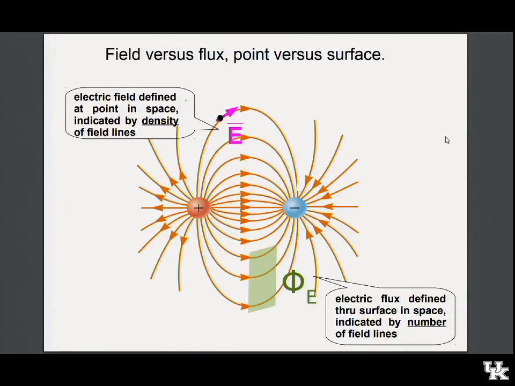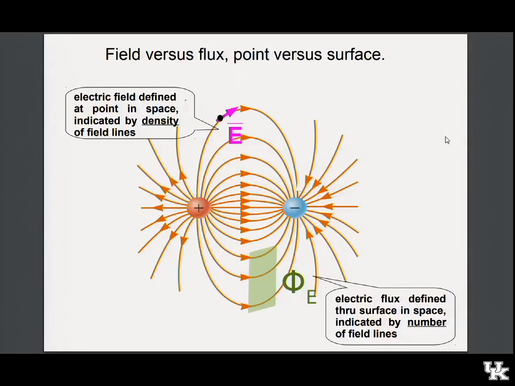So when you look at a sketch of an electrical field through field lines, the density of the field lines, how tightly or loosely they're packed, tells you the strength of the electrical field E. If you count the number of field lines passing through a surface, it may be a large number or a small number, I think three passing through this surface, that's telling you the flux through the surface.